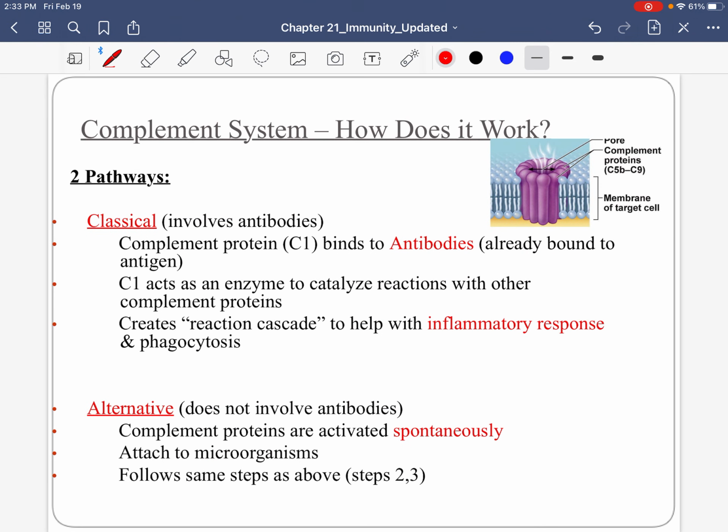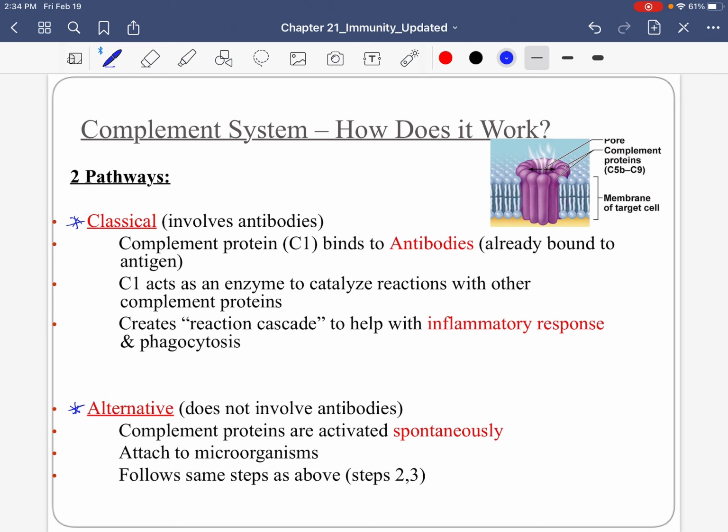All right. Now, this gets a little complicated, but not to worry, my friends. Let's just keep it simple, okay? These complement proteins can work through one of two pathways. One of those pathways is considered to be classical, and the other pathway is considered to be an alternative pathway. We're going to keep it simple.